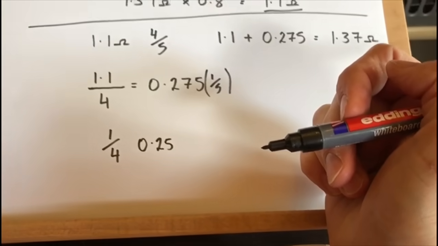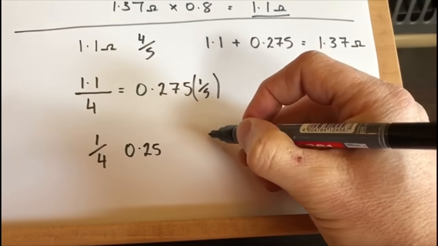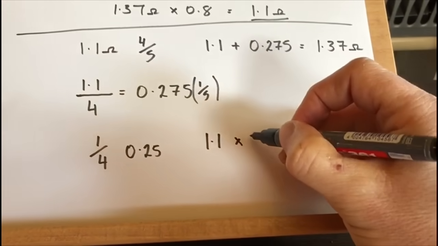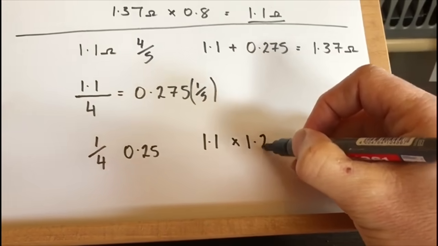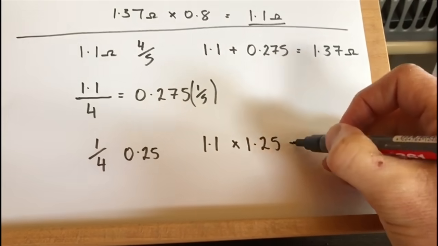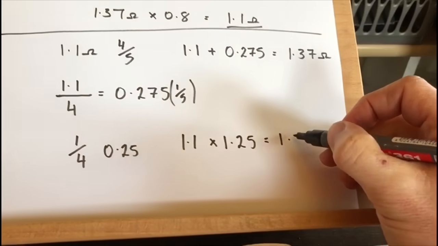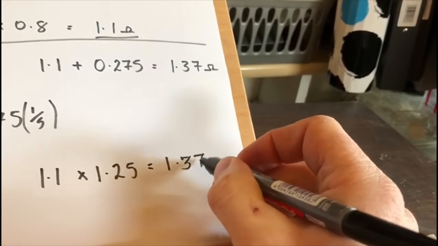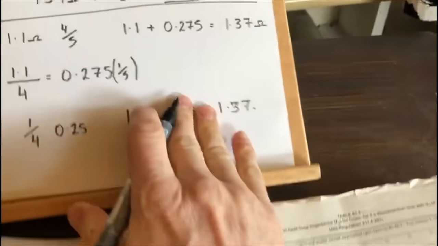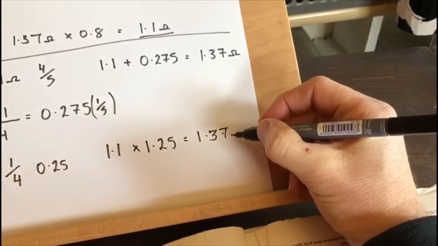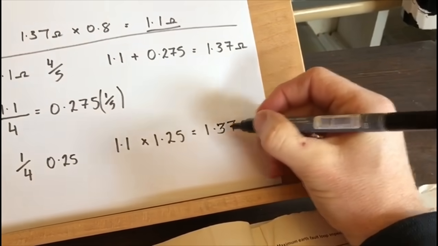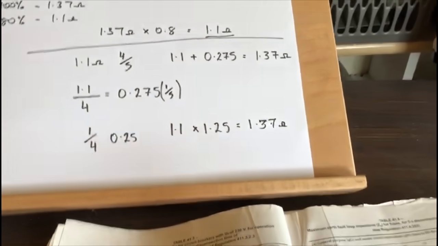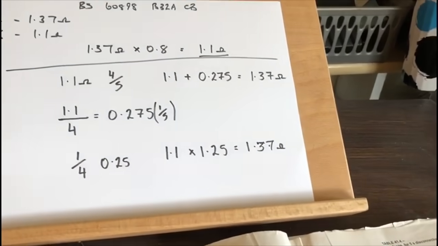So all we actually need to do is 1.1 times 1.25, and that will also equal 1.37 ohms. I'm trying to do it without holding the camera and without moving the paper. So I'll just go over that one more time.